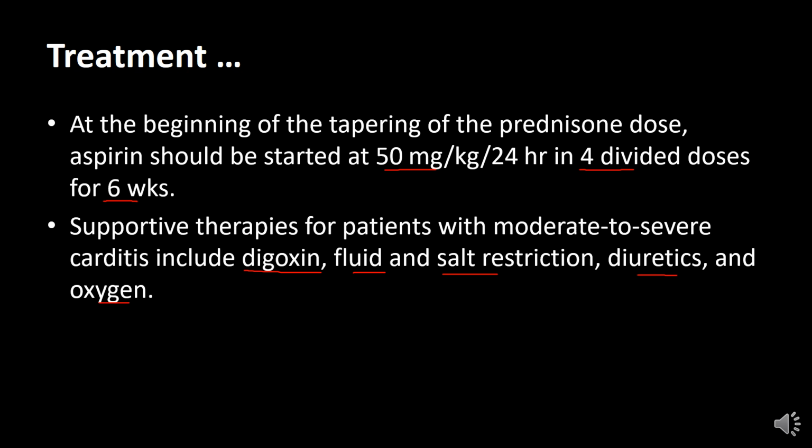At the time when you start tapering off the steroid slowly, and we said it's a rate of 5 milligrams less per day of the total daily dose, then you start them on aspirin at 50 milligrams per kg per day, and that goes on for 6 weeks. Remember the other therapies in case they have heart failure.